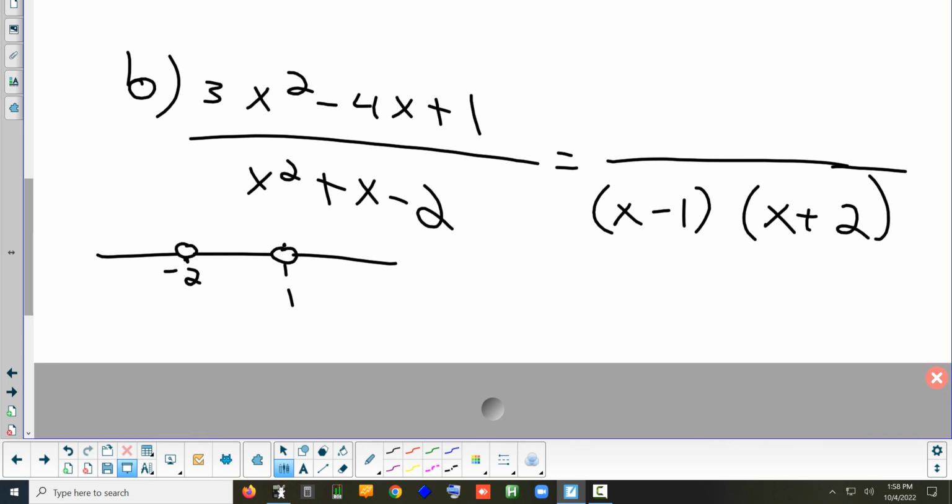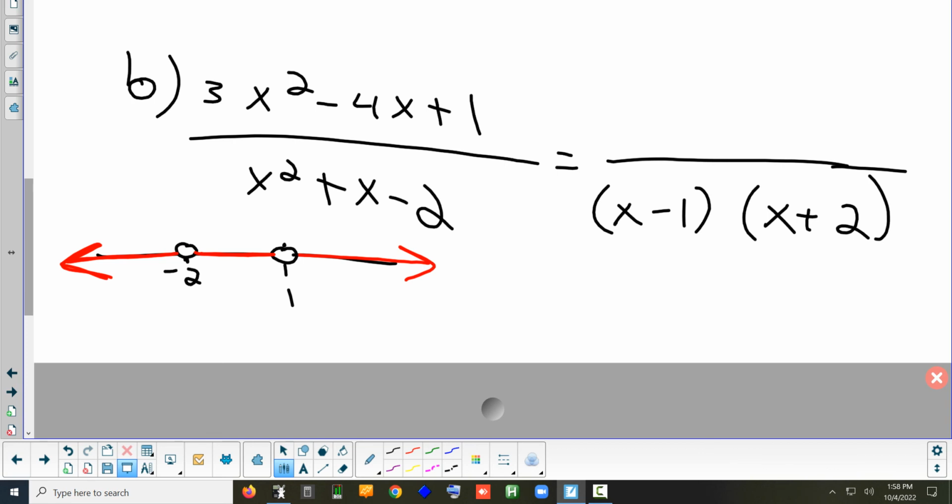So you can pick anything below negative 2, you can pick anything between them, or you can pick anything above 1. How many pieces does this domain have? The last one had 2. This one has 3.